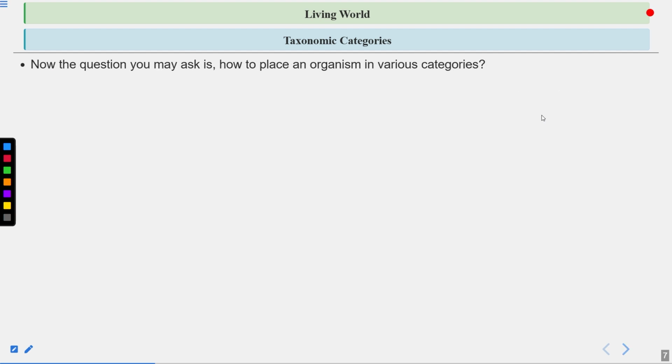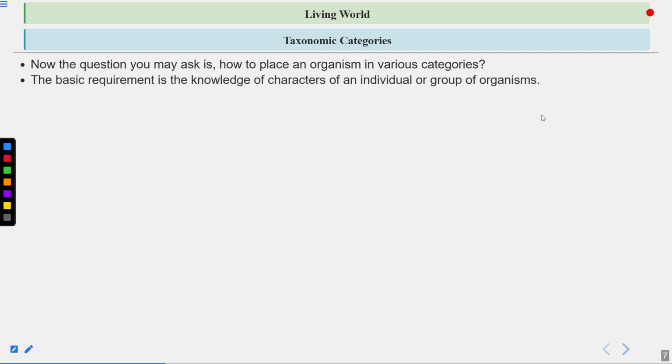Now the question you may ask is how to place an organism in various categories. How can you place organisms in various groups? The basic requirement is the knowledge of characters of an individual or group of organisms. Okay, what is the basic requirement? How can you place different organisms into various categories? You should have knowledge of the characters, the traits, of that individual or group of organisms.